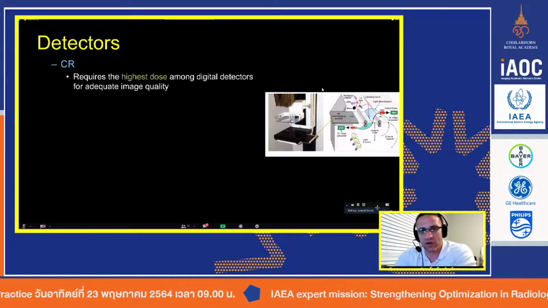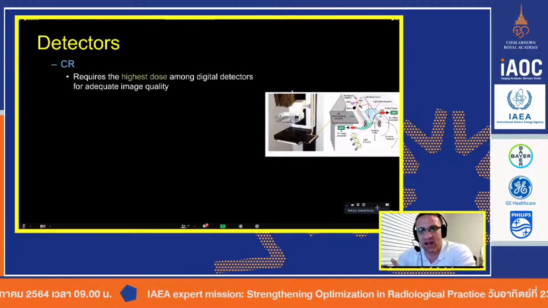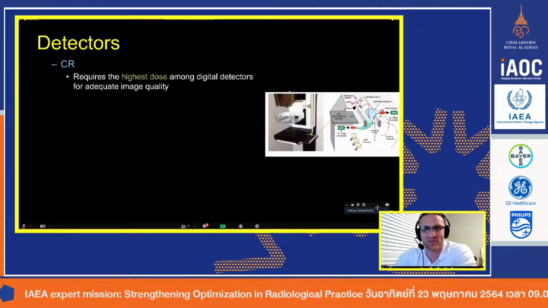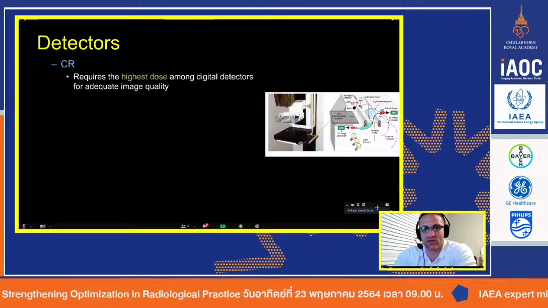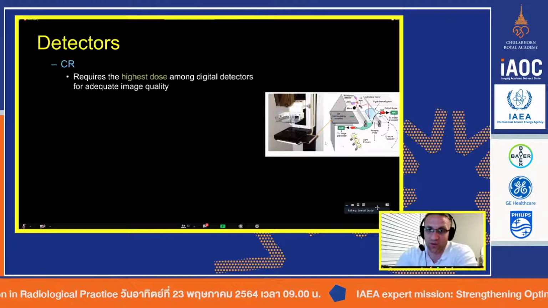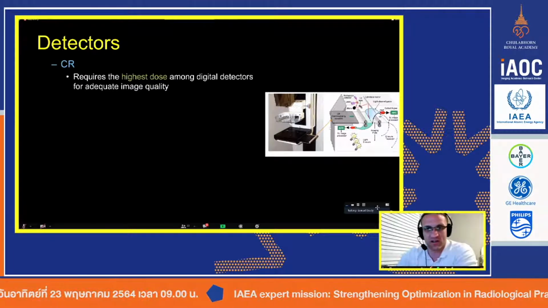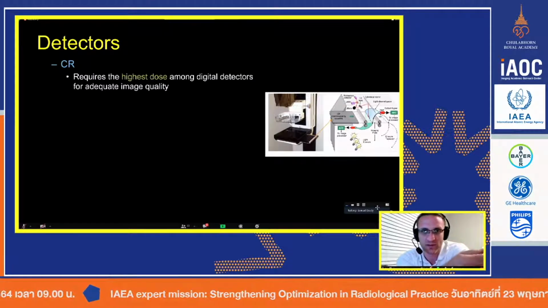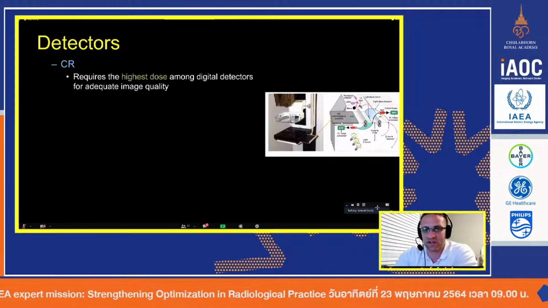I don't know how it is in Thailand, but I assume if it's not happening now, it will be sometime in the near future where those systems will go away. And they're less efficient than the digital systems we just talked about in the last slide. They're still great. If you have an old film-based mammogram unit, you can retrofit that to just simply place a CR plate in there instead of a film cassette. And then you can use the CR plate and read that out.